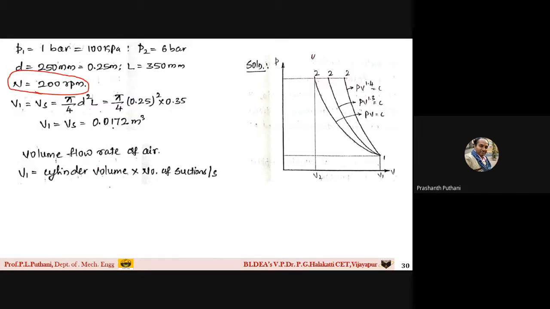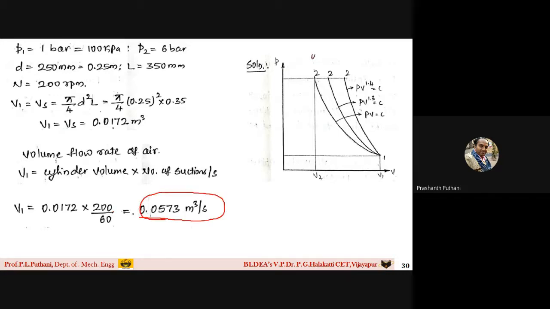So therefore, I can write this as V1 into 200 by 60, since it is in revolutions per minute, I convert into revolutions per second. So therefore, what happens here now? This is 0.0573 meter cube per second. So you have V1 here.